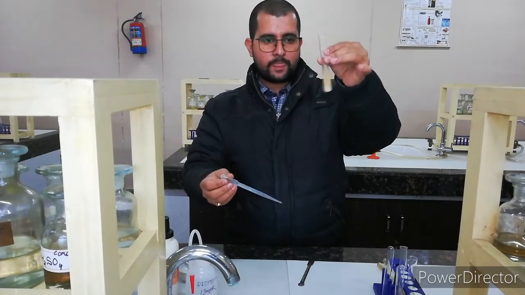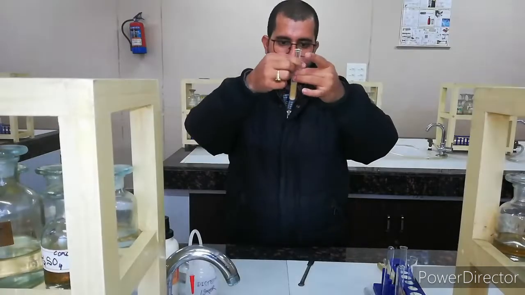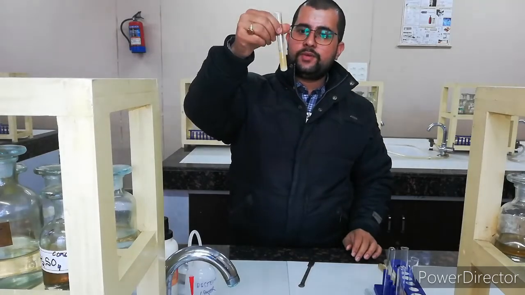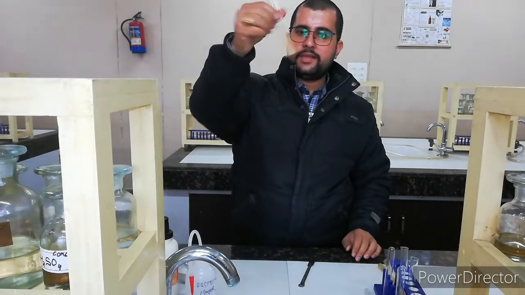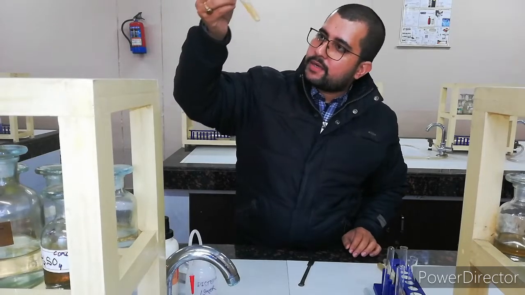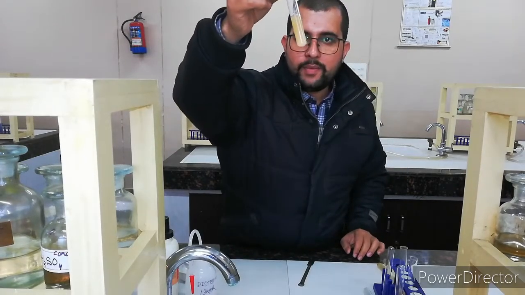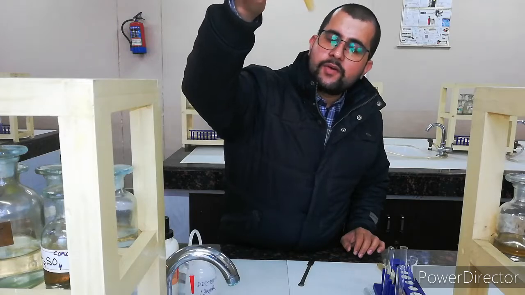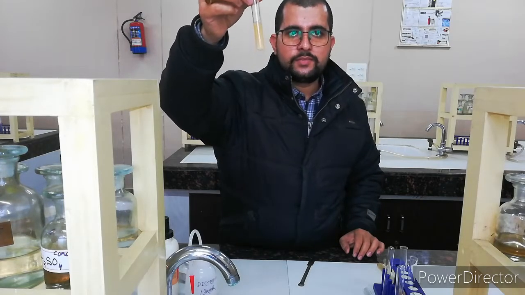Yes, it is coming. White PPT you can observe at the base. You can observe it here. The solution is light yellow in color, but inside a white PPT is coming. So it's confirming manganese here, right?